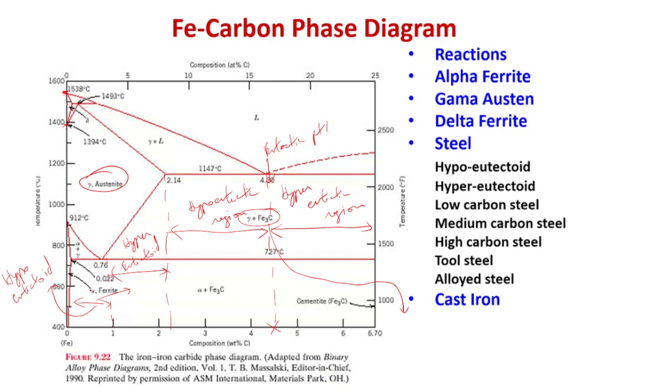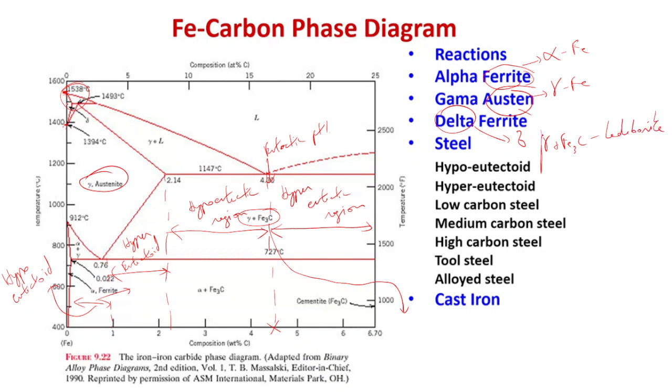Then alpha alone is ferrite, which is alpha Fe. Austenite is gamma Fe. Then there is delta ferrite, which is this one over here in this region. And then this one, gamma plus Fe3C, is ledeburite.